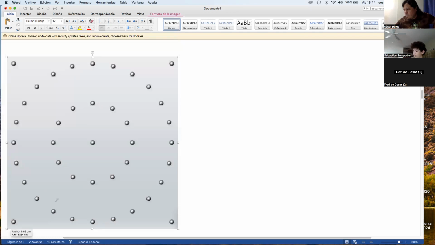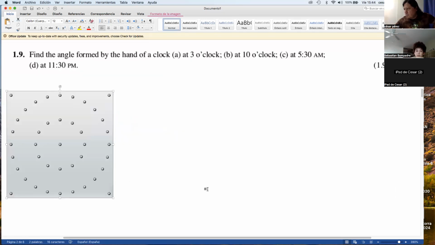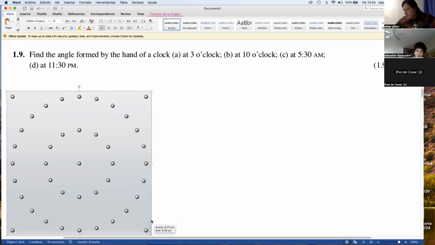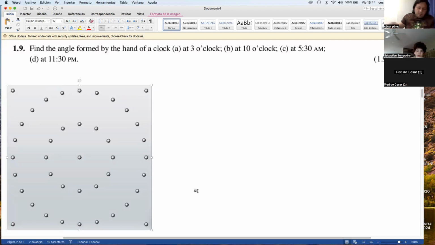90 degrees for 3 o'clock. When we have 3 o'clock, we will have 12 here. Here 3, 1, 2. So at 3 o'clock, we will have one hand pointing to the 3, and the other one will be pointing to the 12. Here we have 90 degrees. Okay.